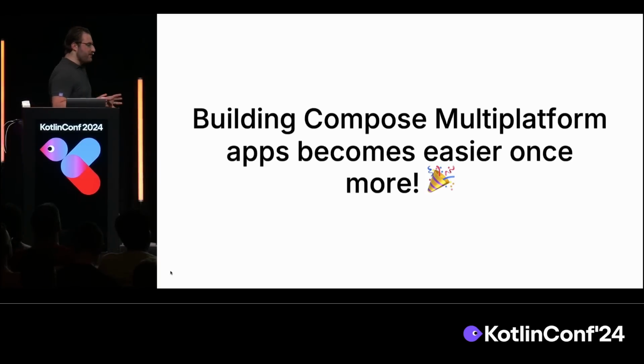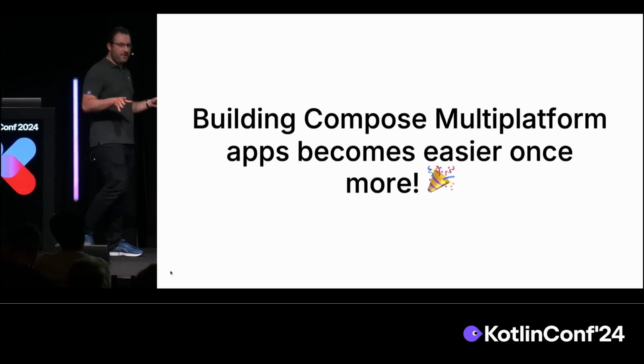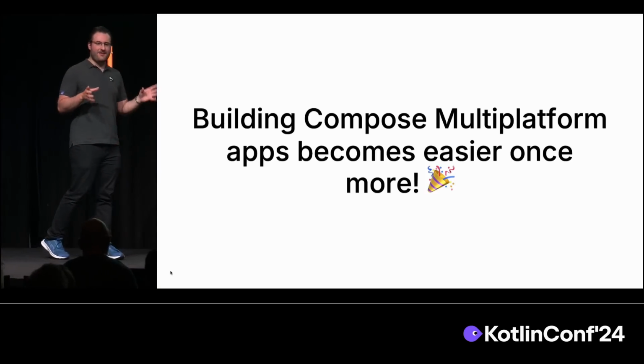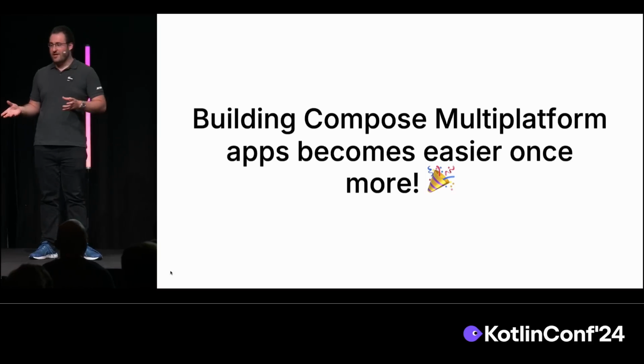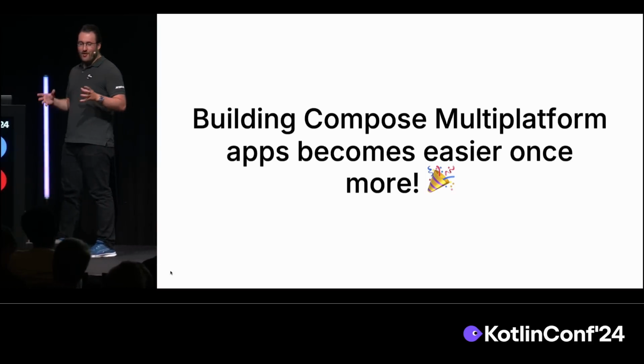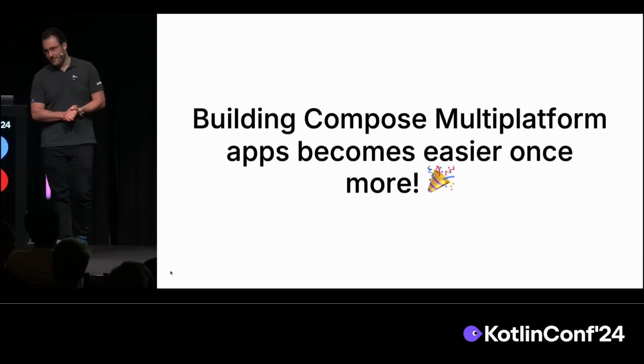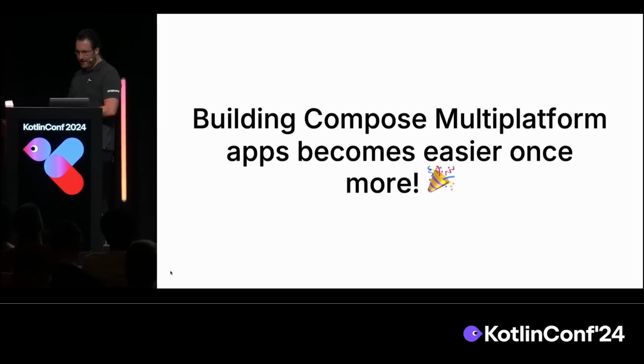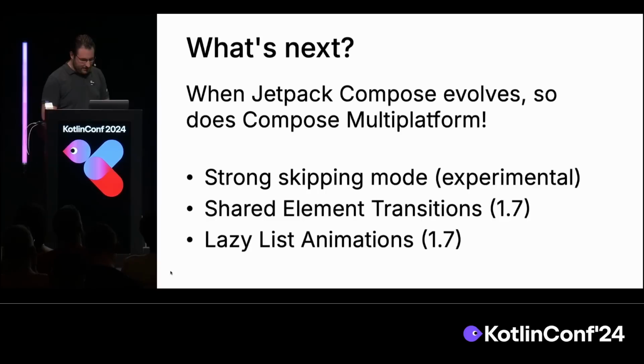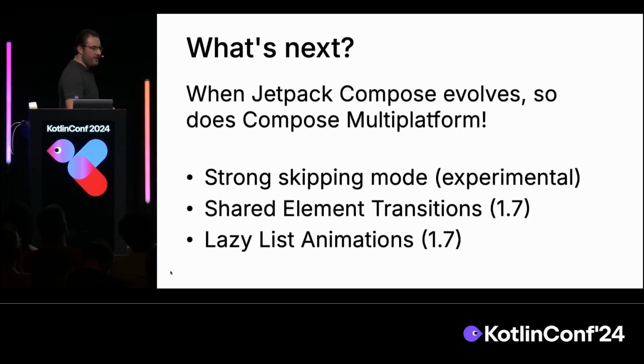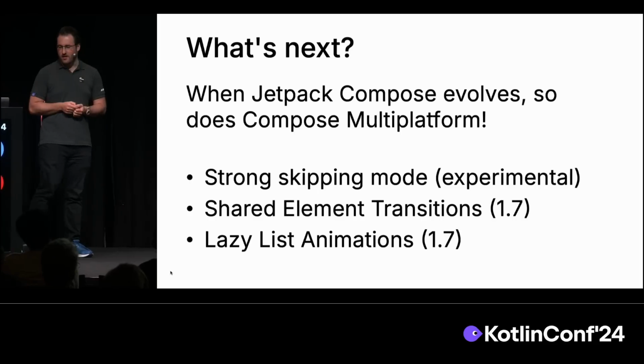So with that, both building Compose Multiplatform applications and taking existing Jetpack Compose applications on Android hopefully becomes a whole bunch easier for you with these new steps. It's also really exciting because, of course, Jetpack Compose itself keeps evolving, right?